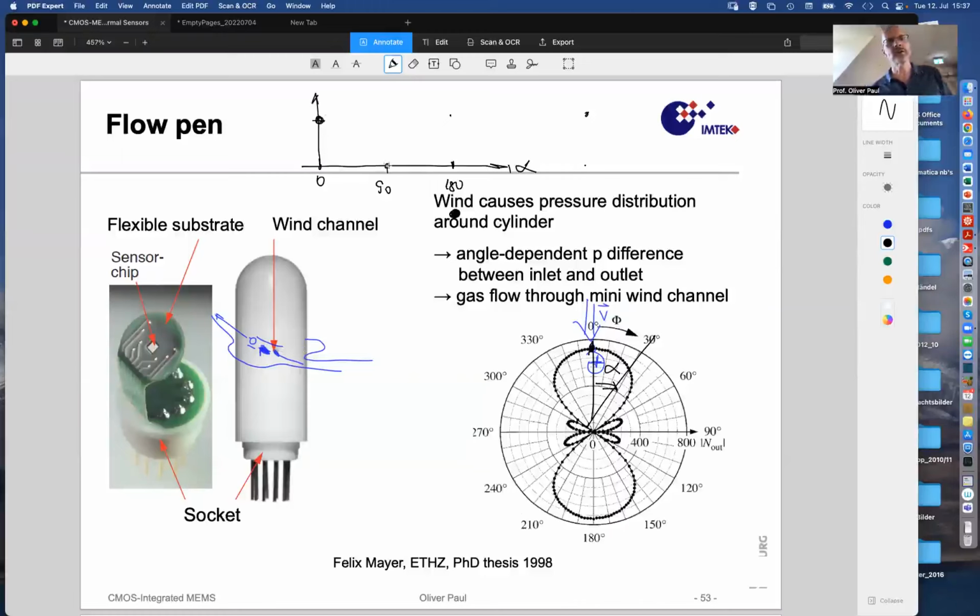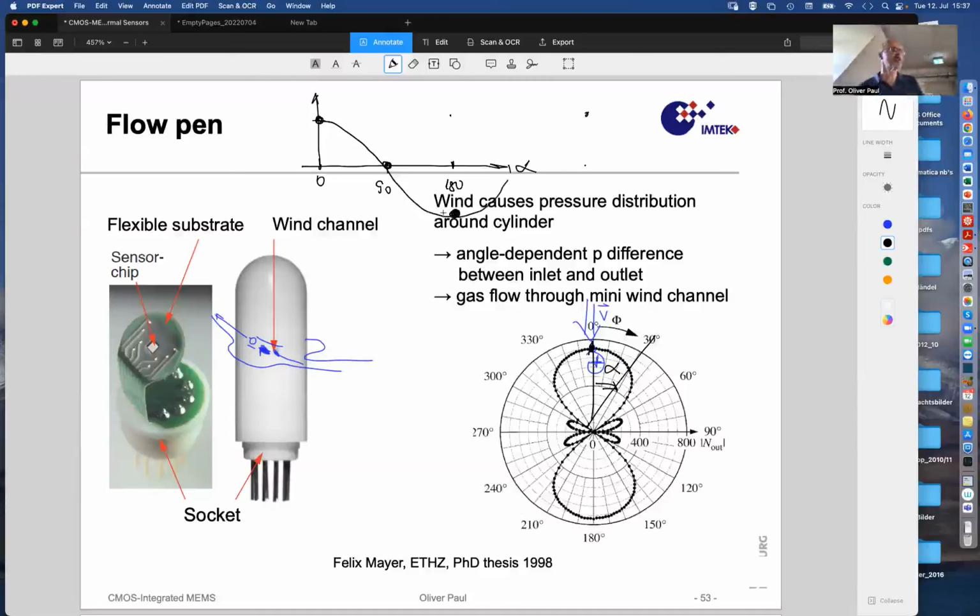And we also know that at 90 degrees, there must be signal 0. So what else simple to expect than a cosine response? But that's not how it works.